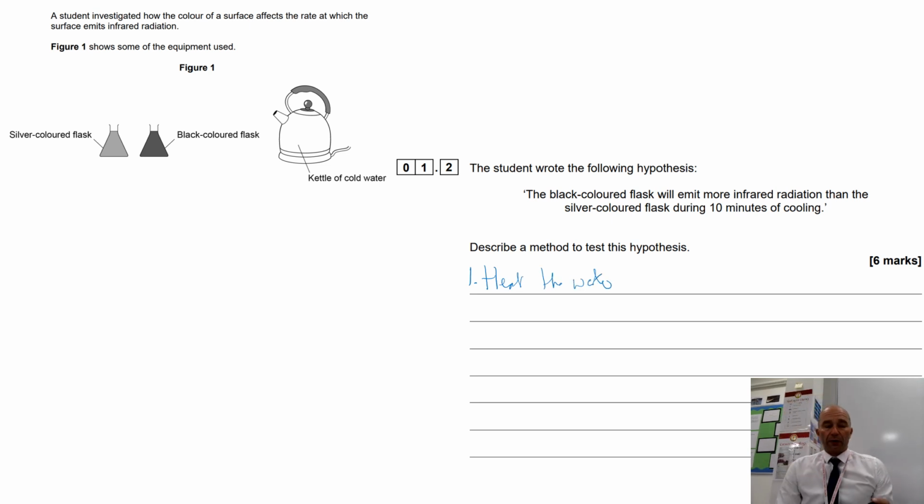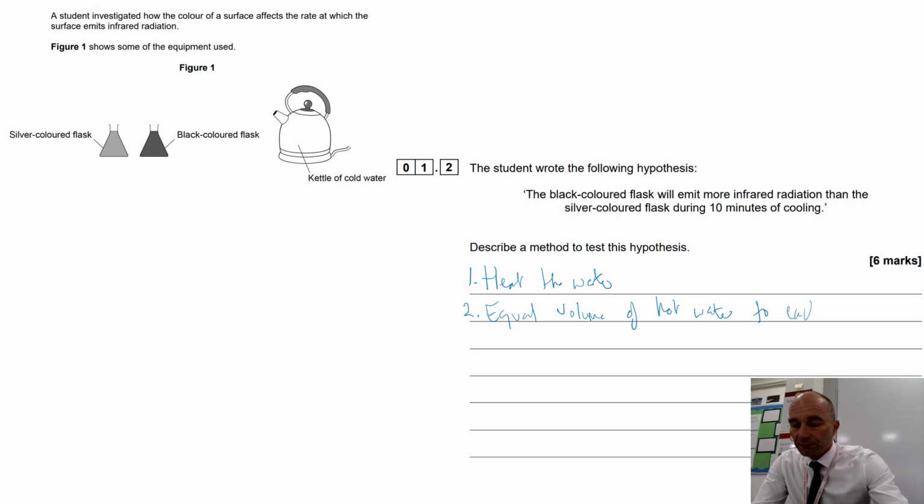Now you need to think about our variables, and we've got to make sure that we make this test as fair as possible. So we're just comparing the black coloured flask with the silver coloured flask. So we need to make sure that we add an equal volume of hot water to each flask.